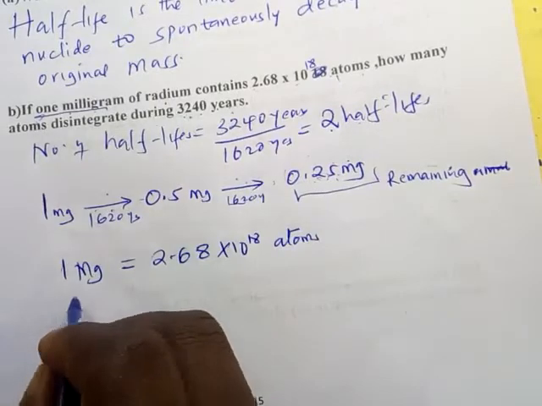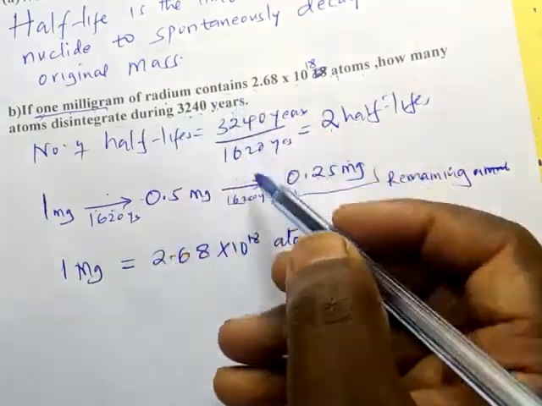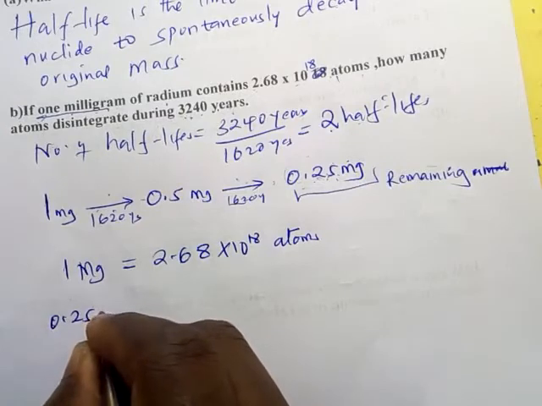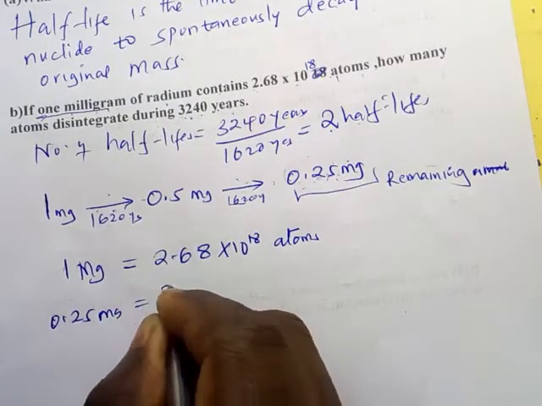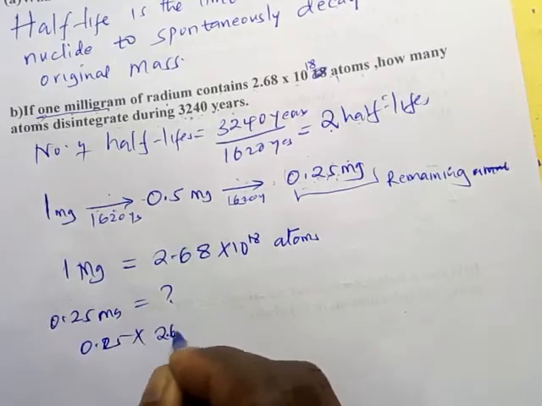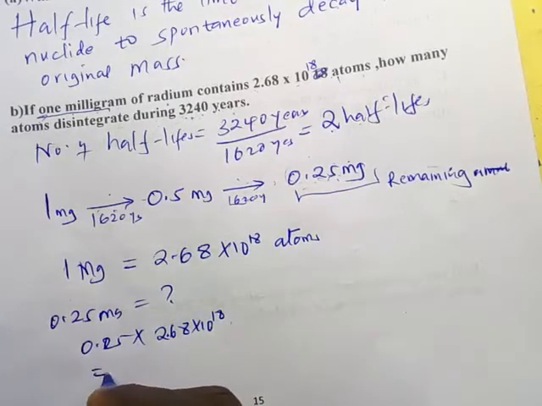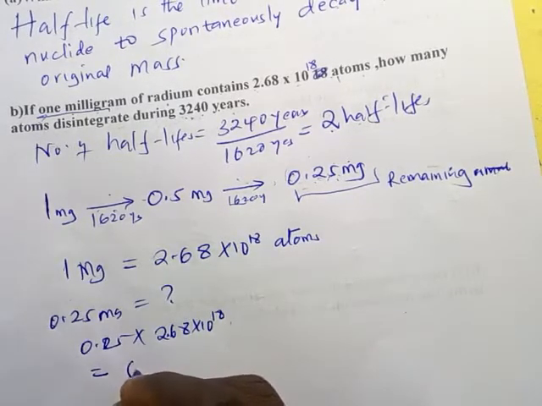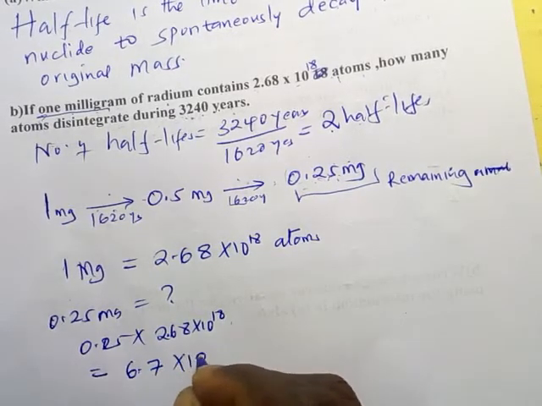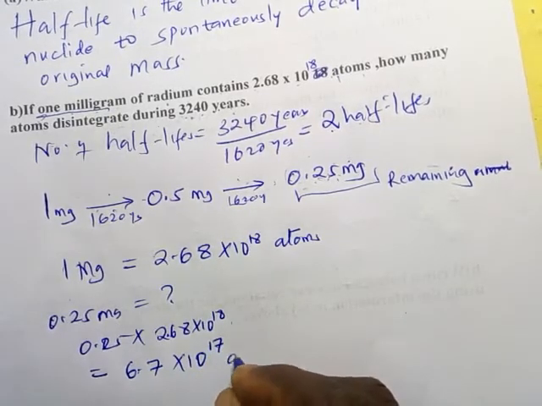The remaining amount is 0.25 milligrams. So 0.25 times 2.68 times 10 raised to power 18 will give us 6.7 times 10 raised to power 17 atoms.